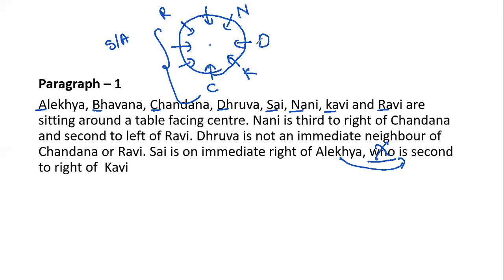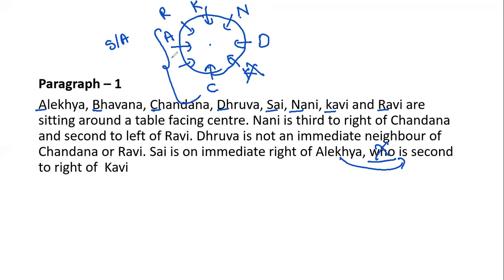Second right of Kavi: if you place Kavi here, the second right of Kavi is already occupied. Yes or no? That means this position for Kavi is right or wrong? Wrong. So you have to place Kavi here. Kavi's left side is this and Kavi's right side is this, so Kavi's first right and second right. Who will be coming in this position? Alekhya.